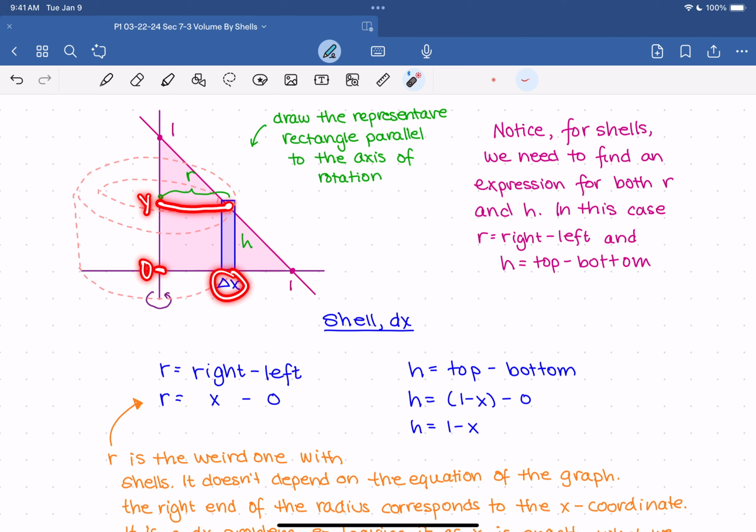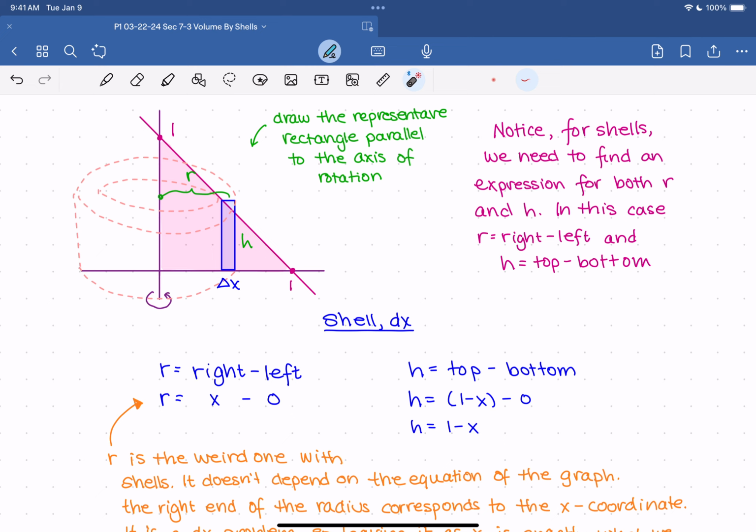The only thing is this is a dx problem, so we'd have to put y in terms of x. And so instead of writing y, we write the equation for y. So that's why we've been doing that up until now. But now we don't need to rewrite it. It's just x. The right-hand side of the radius lines up with the x coordinate. And that's all we need to say.